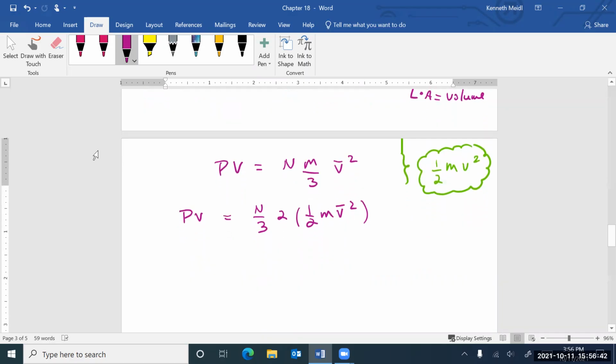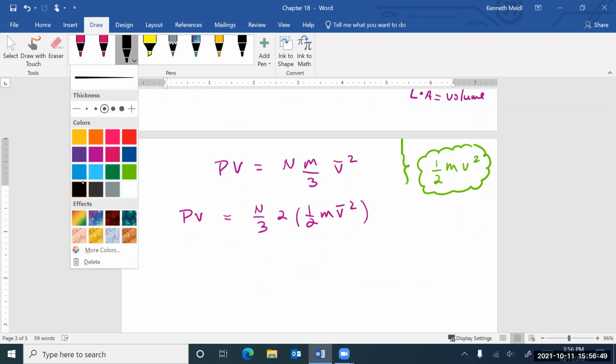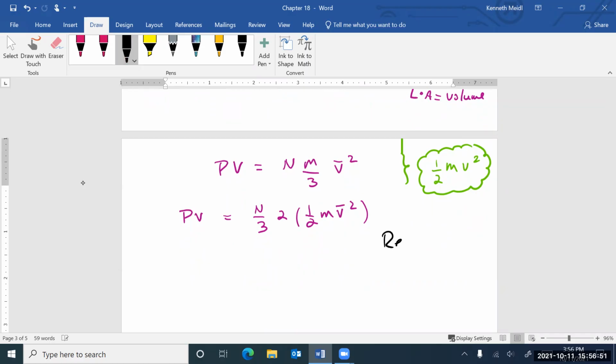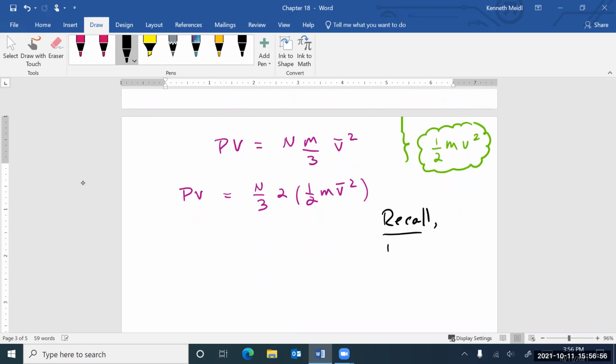Because you also have this idea that we might want to recall that in our background we have PV equals nRT, where that n is the number of moles. And you also have PV equals capital N kT, where that's the number of molecules.